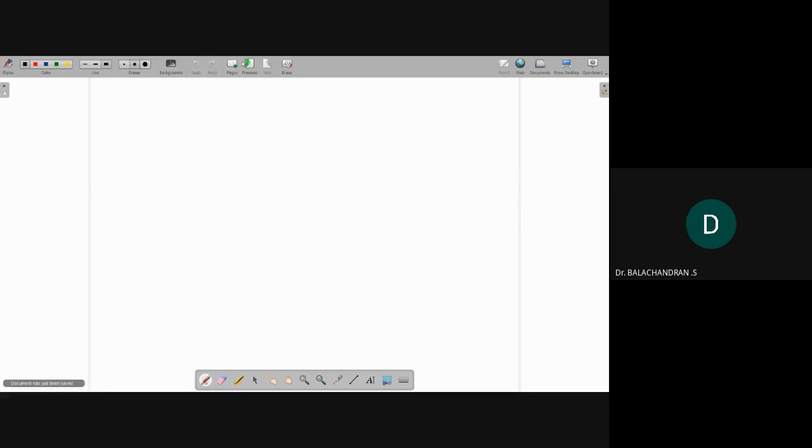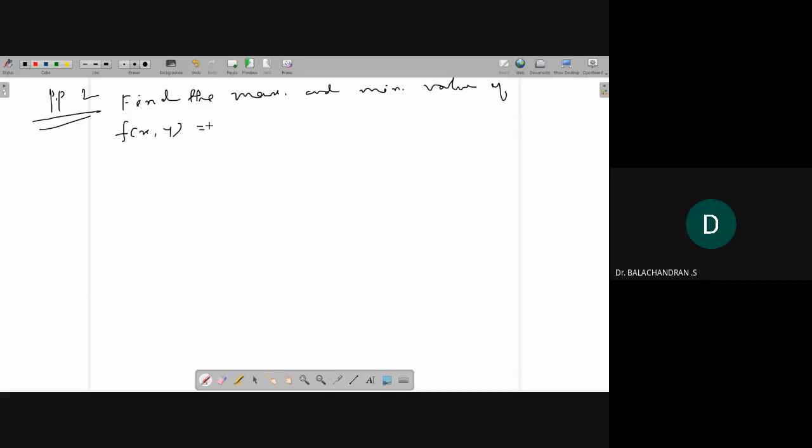Okay. Now the practice problem 2. Find the maximum and the minimum value of f of x comma y equal to sin x into sin y into sine of x plus y.